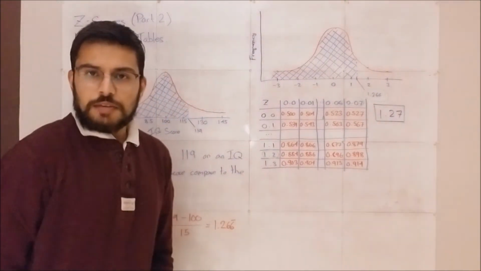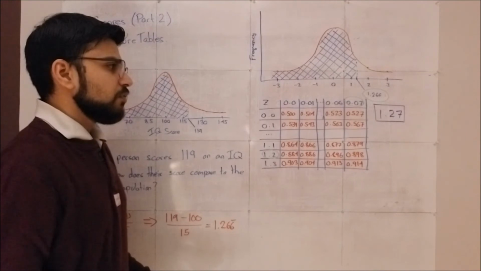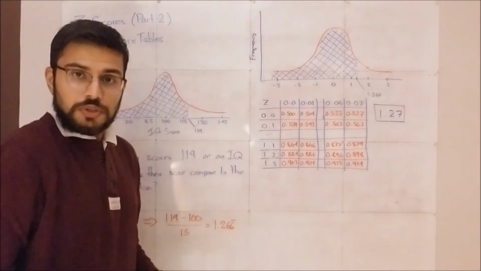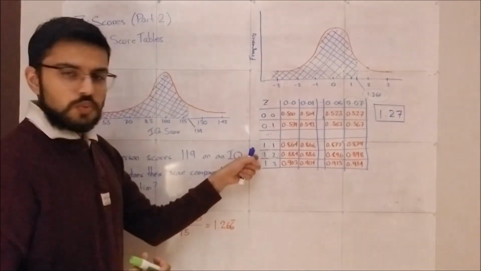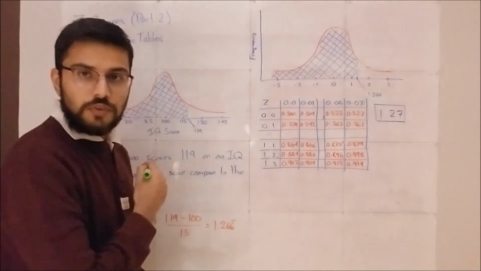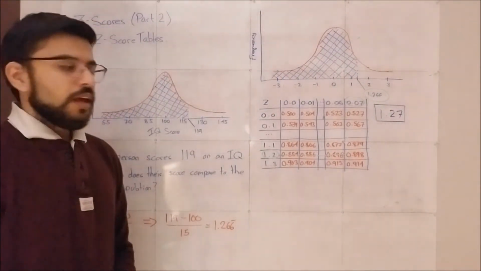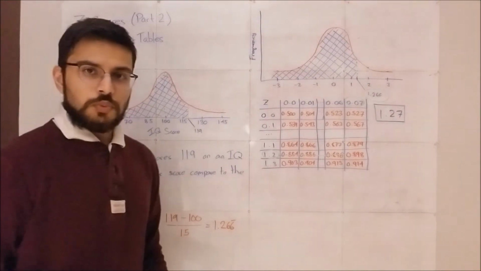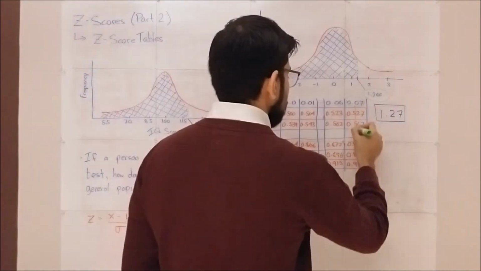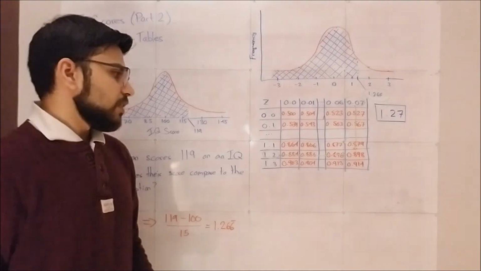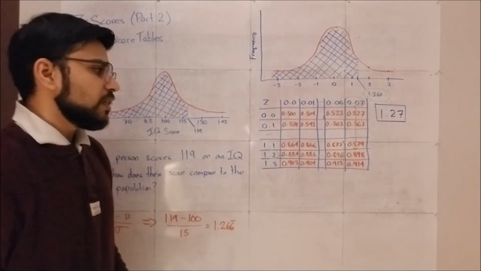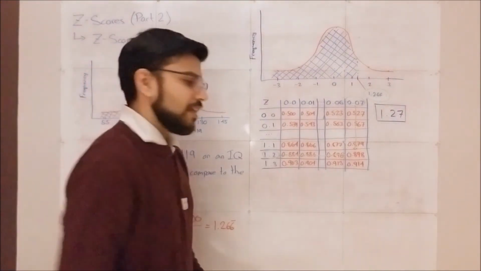And then it's kind of like the game of Battleship. We have to follow those numbers until they meet each other. So this 1.2, we're going to follow it horizontally all the way to the end. And at 0.07, we're going to follow it vertically. And that leaves us with this one tile which says 0.898.